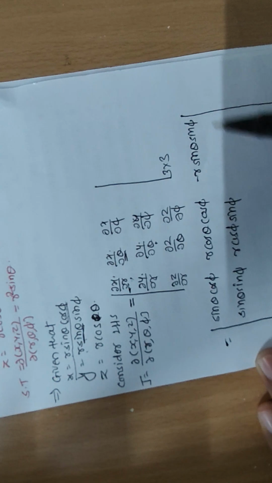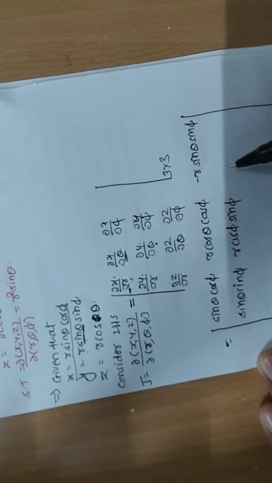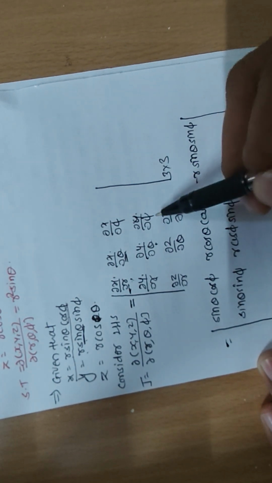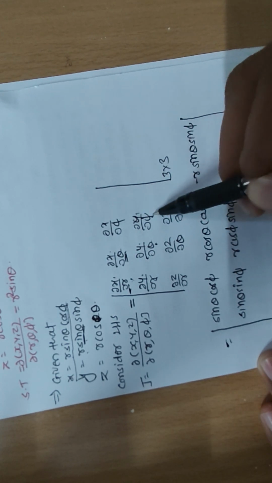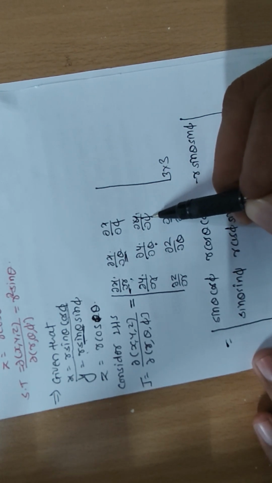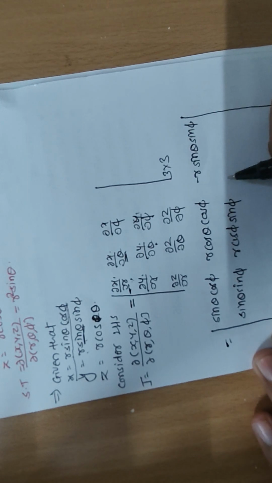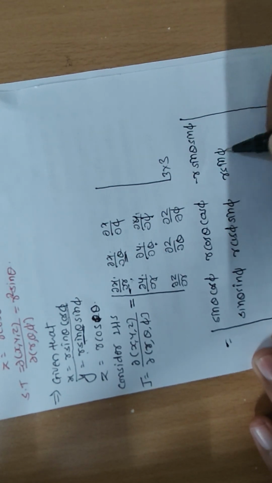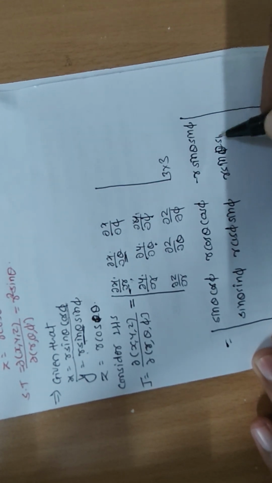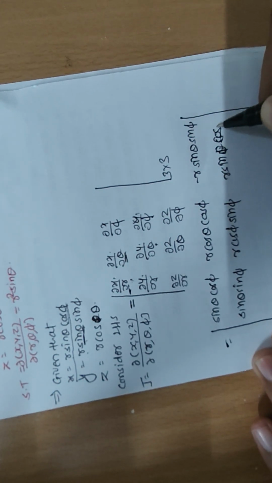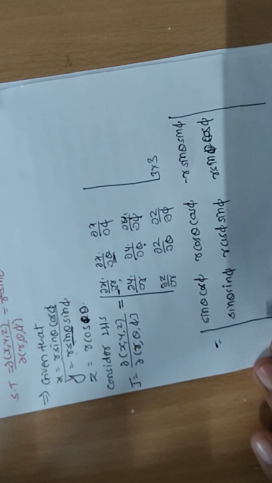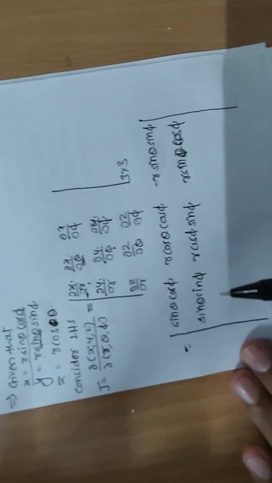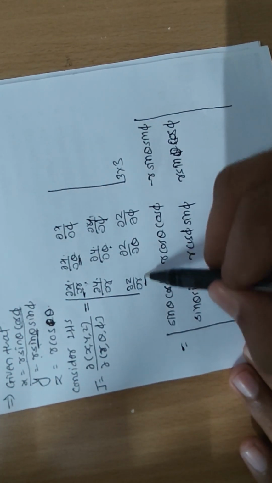Next, del y by del phi, the partial derivative of y with respect to phi, is r sin theta cos phi. Similarly we find the last row.